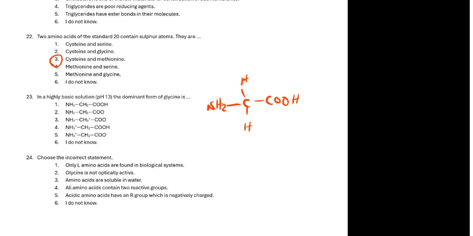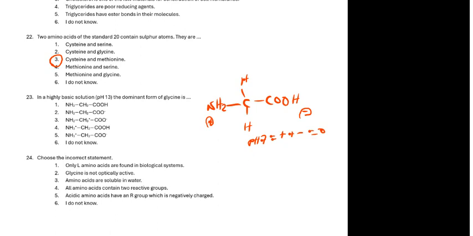So that means it is going to be like this. So here it will have a negative charge and here a positive charge at neutral pH. So positive plus negative is equal to 0 at neutral pH, which is pH 7.